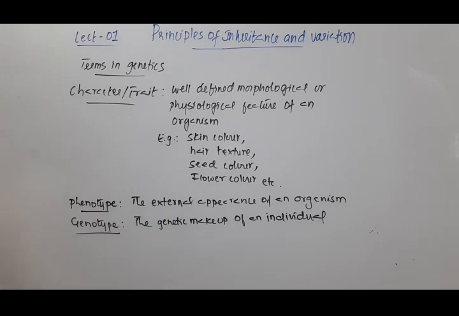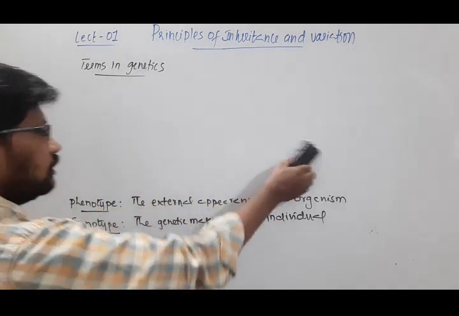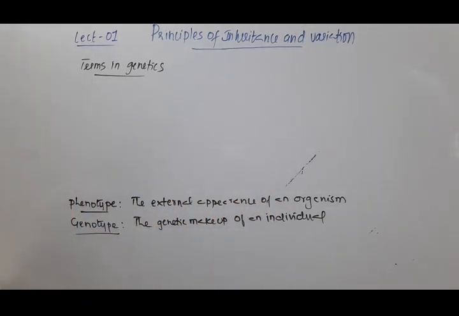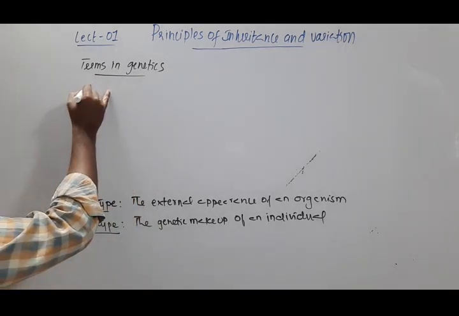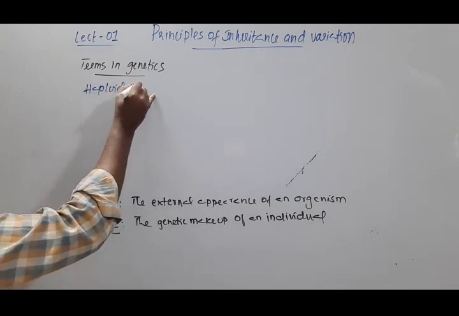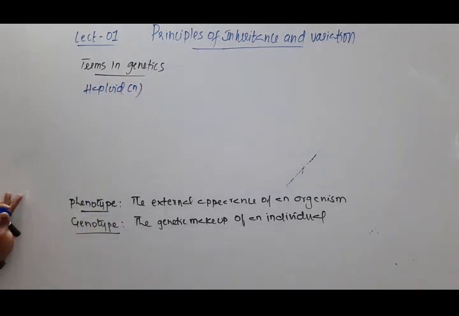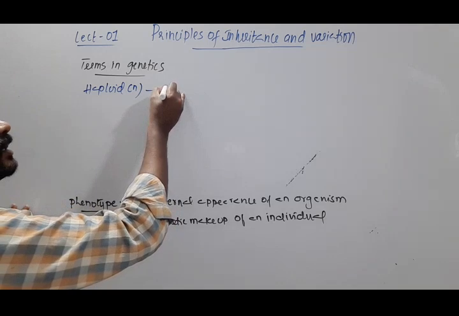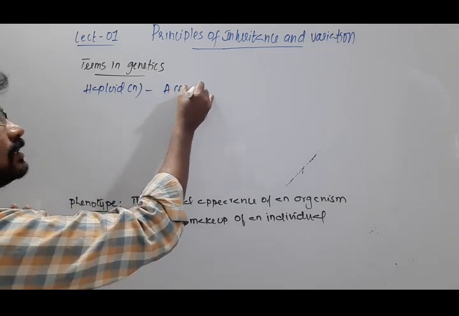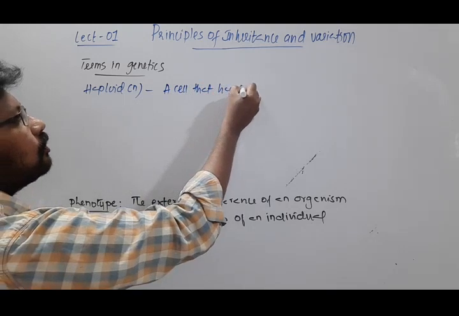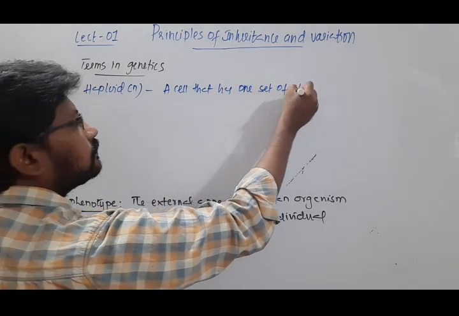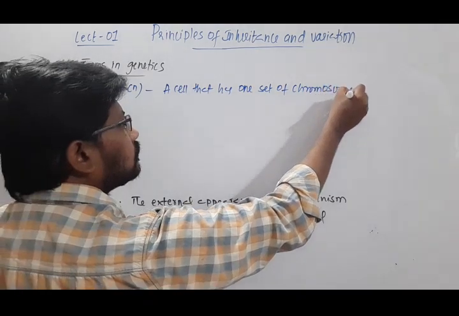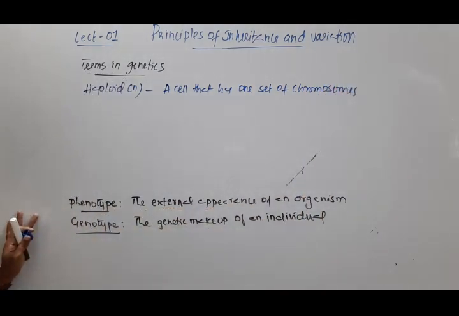All right. Then we already know about haploid and diploid conditions. Haploid we represent with n. Haploid condition means a cell that has one set of chromosomes.